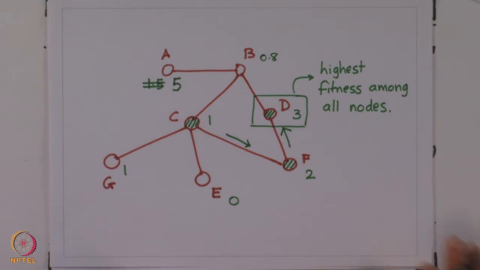Now, in this graph that we are talking about, there are a few things that play out. One thing that we can clearly note is that D is no longer the highest fitness among all nodes.